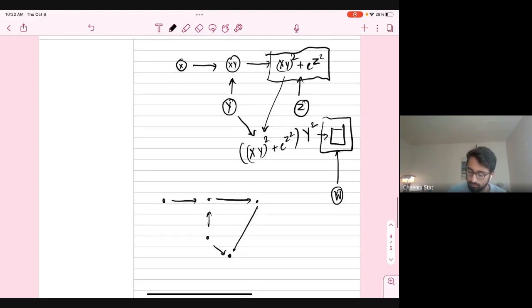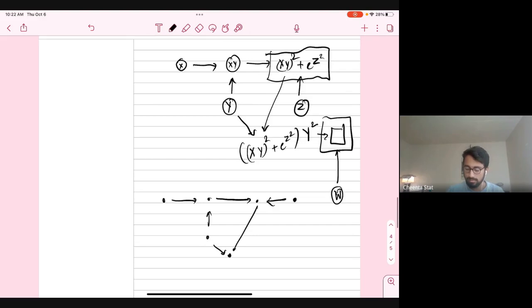And then this, and there's another thing coming. Yeah. So it's asking whether this is independent of this given this.